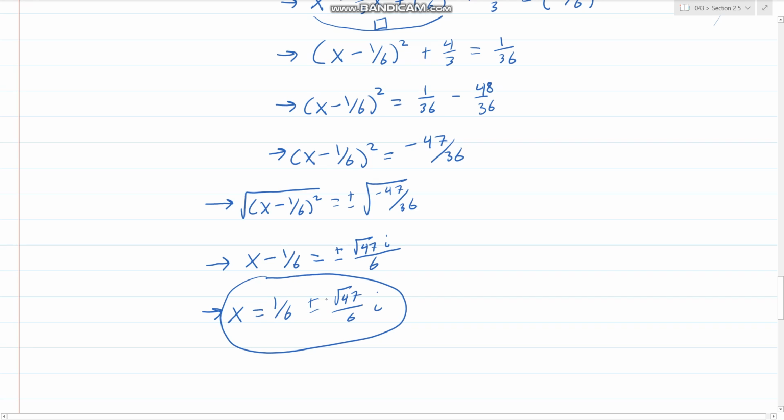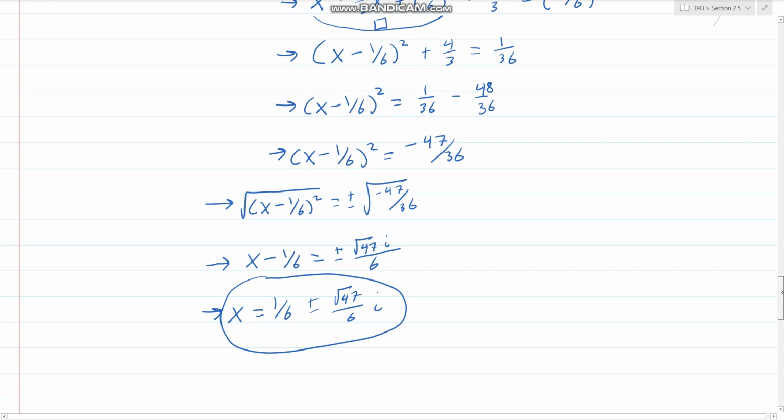Another hard problem, but we did it. So this is two answers. Remember, this is 1/6 minus root 47 over 6 i, and 1/6 plus root 47 over 6 times i. So that's two answers. What else can I say? You just have to be careful of what you're doing.